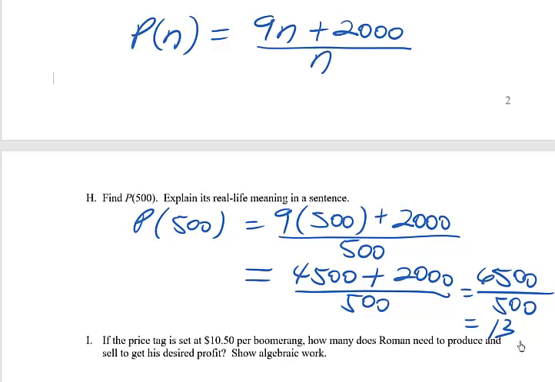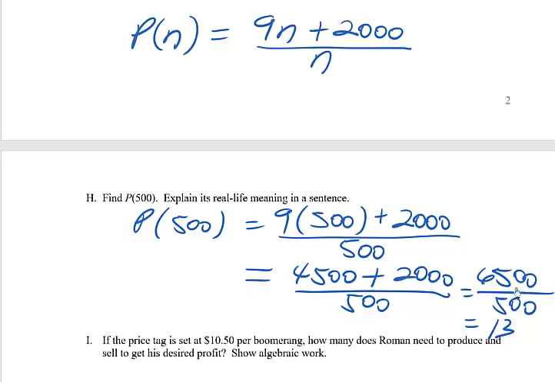Now we're supposed to write a little sentence for what we've just found here. Well, this is where you have to remember what your variables represent. N, which is the 500 in this problem, stands for how many boomerangs we're making and selling. So this month we've made and sold 500 boomerangs.